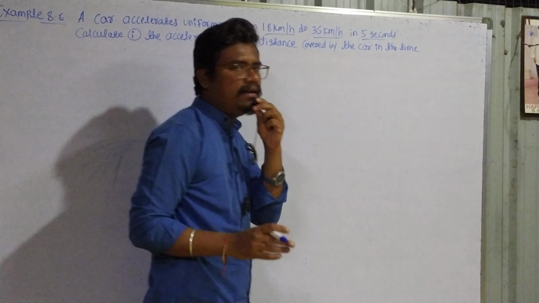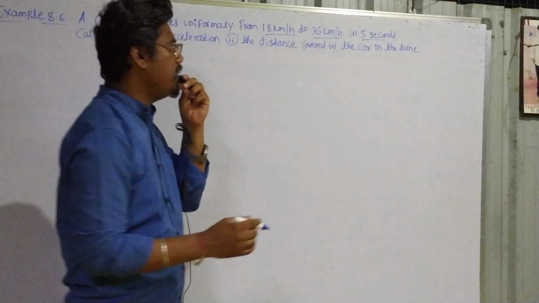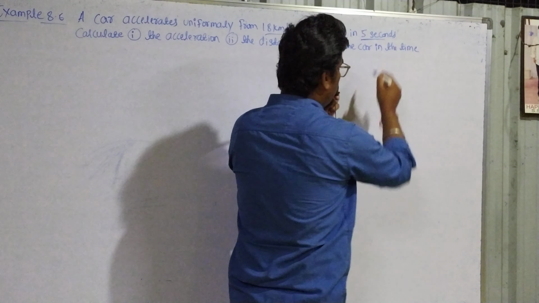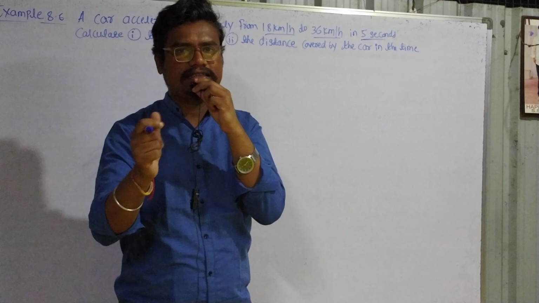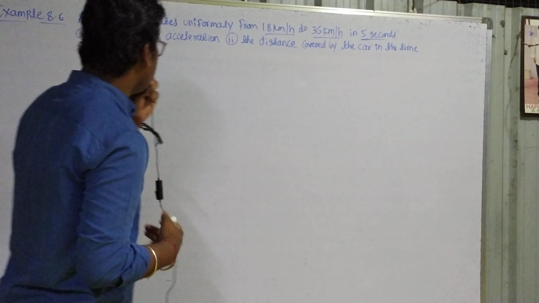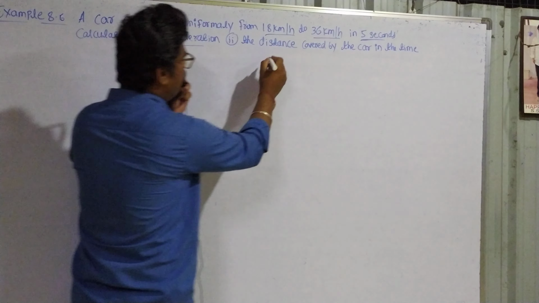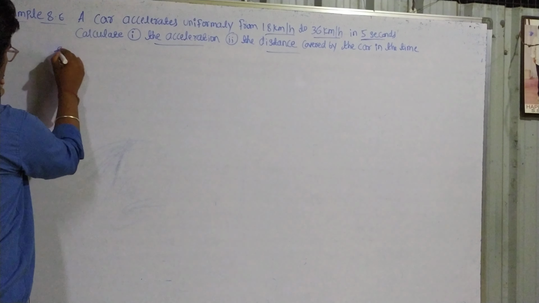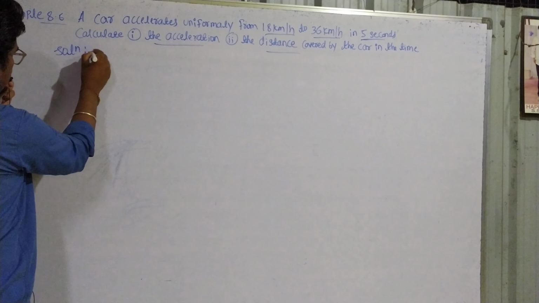It will require only 5 seconds to increase the speed from 18 to 36 km per hour. Then we have to calculate the acceleration and the distance covered by that car within 5 seconds. Okay, solution.